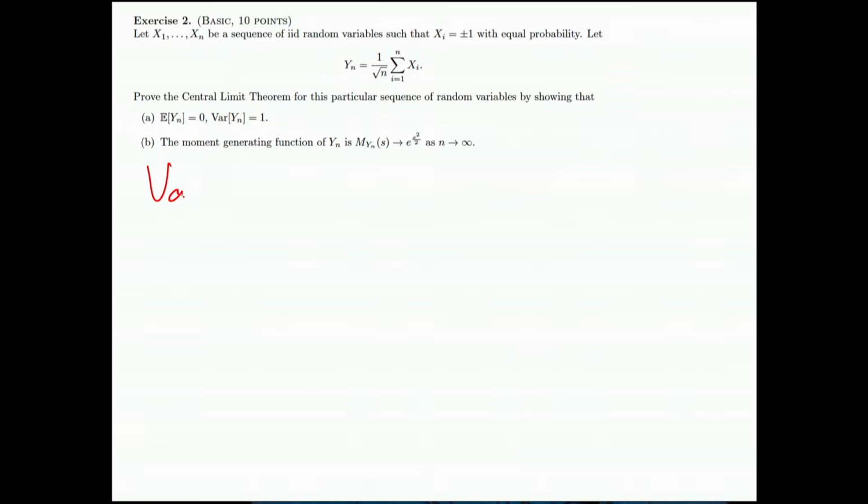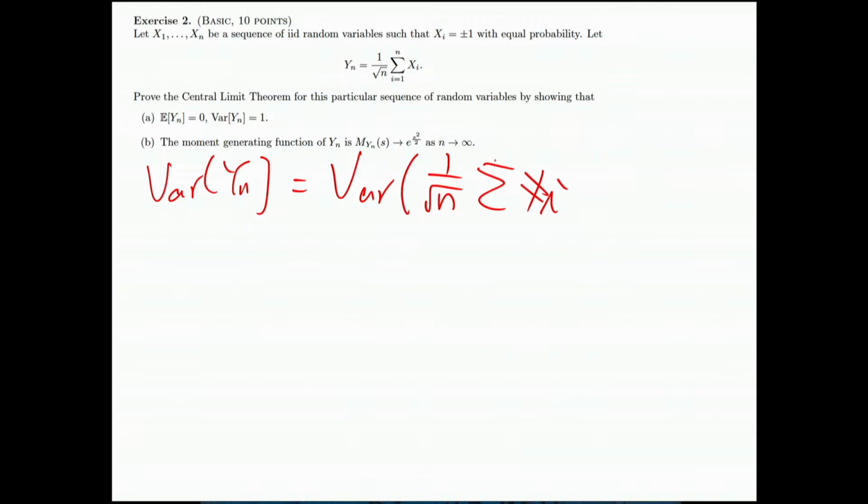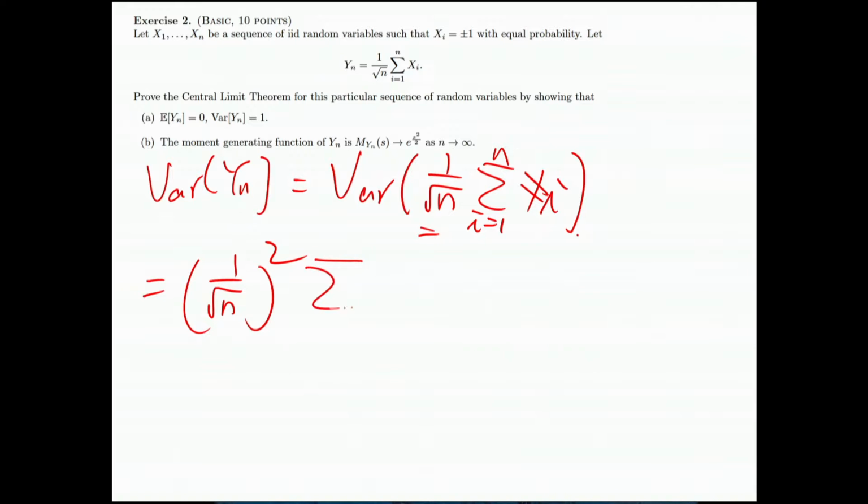Okay, the variance of y is just the variance of the summation of xi. Since there's a coefficient here, I put it outside and it gets squared, times the summation of the variance of xi.